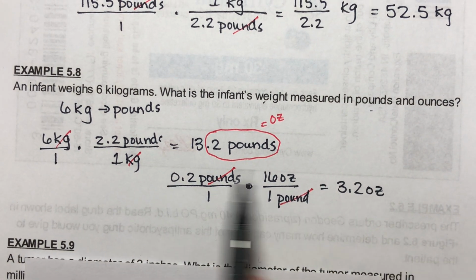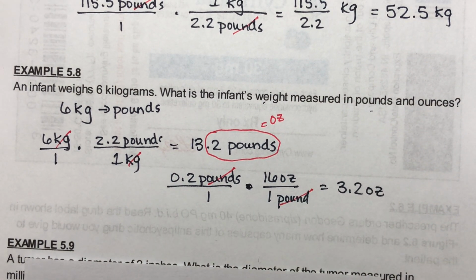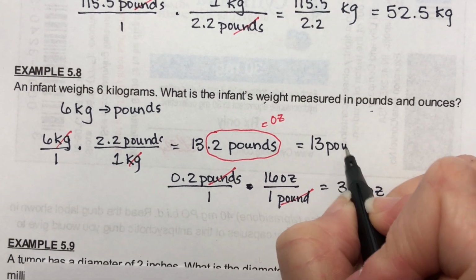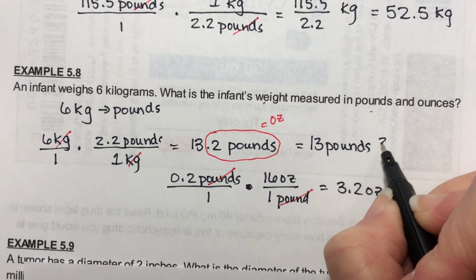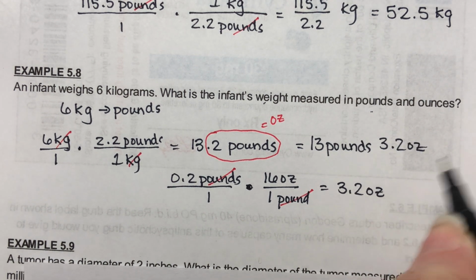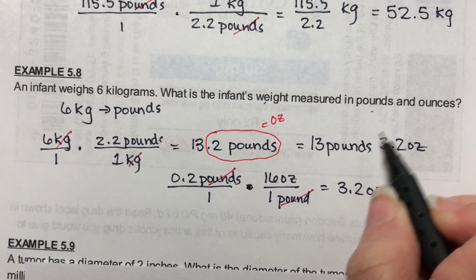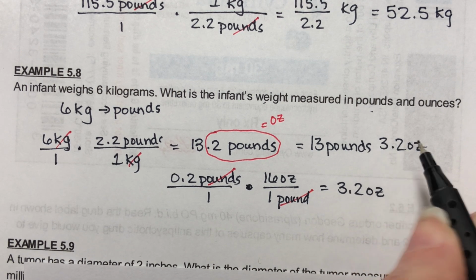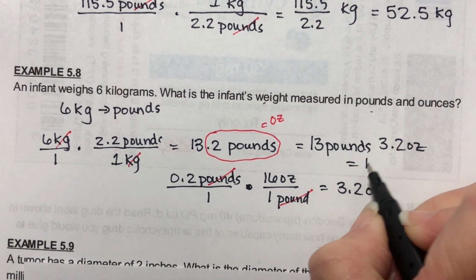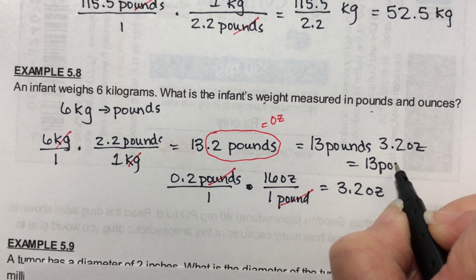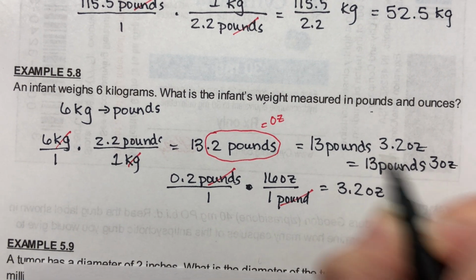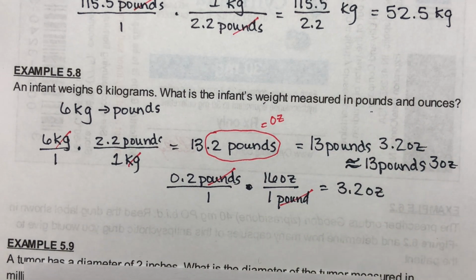So an absolute perfect answer would be 13 pounds, 3.2 ounces. But they're going to ask you to round that. They don't give fractional ounces. And now since this is a 2, we're going to keep this a 3. So the answer they're going to be looking for is 13 pounds, 3 ounces.